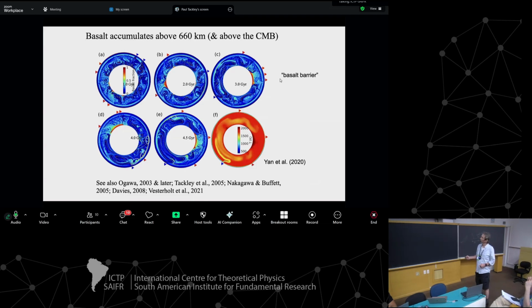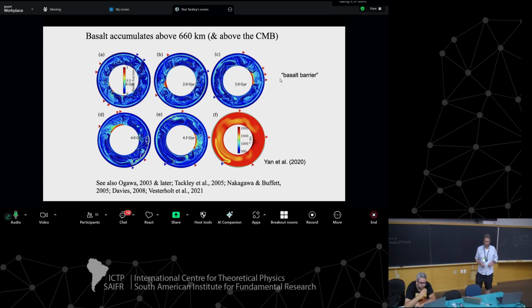Ogawa was one of the first to publish these thermochemical models that included this type of differentiation, and then our models in the early 2000s. Jeff Davies modeled this and called it the basalt barrier. That's a nice name, the basalt barrier, and then there have been some other models as well. So basically anyone who makes a serious attempt to include compositional differentiation in their models of mantle convection finds this to be an important effect.